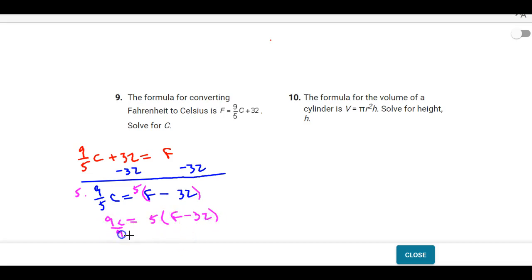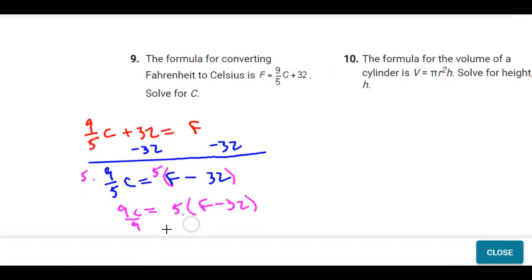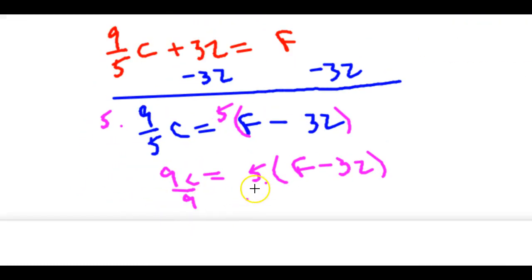But then I'm going to divide both sides by 9, and when I divide by 9, I would get C is equal to 5 over 9 times F minus 32.